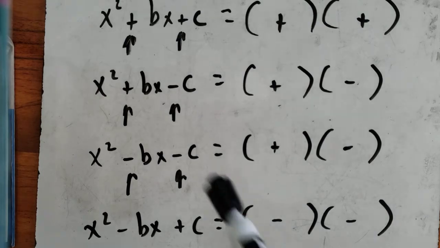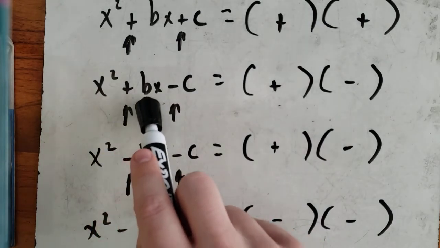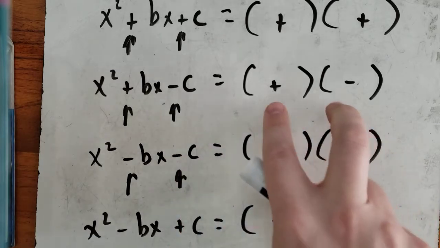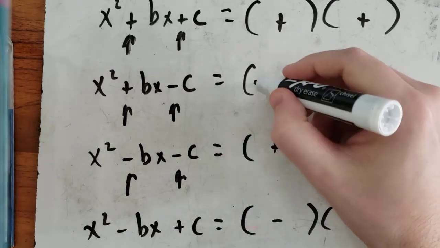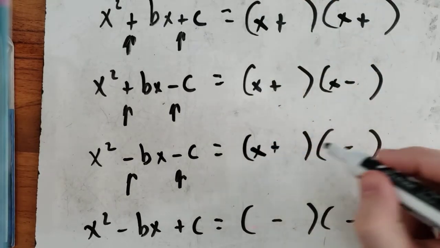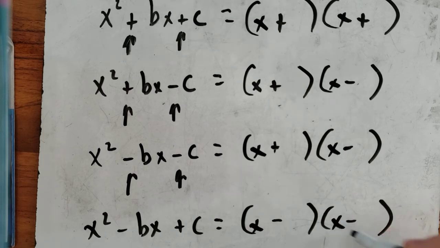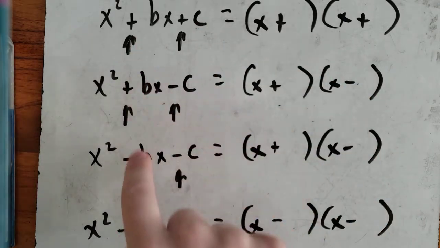So if you get x squared plus whatever number x minus a number, you're going to end up with a plus and minus in your answers. And you can go ahead and write that down as x and x, right? We can just do that with all of these. Okay, we know that's how we're going to end up. Now we just need two numbers that multiply to our last number and add or subtract to our middle number.